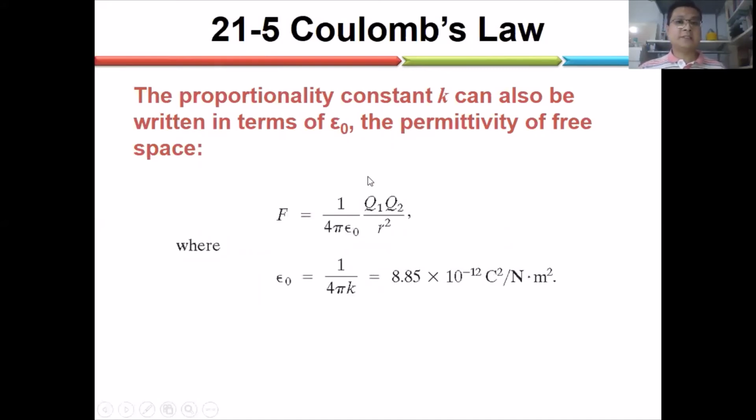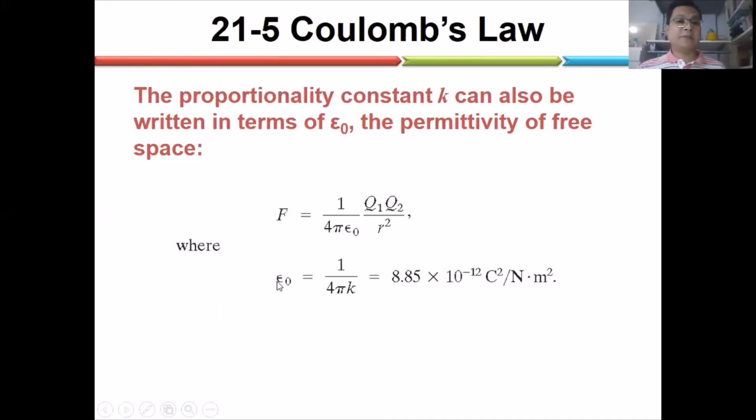The proportionality constant K can also be written in terms of epsilon, the permittivity of free space. K equals 1 over 4 pi epsilon, because we consider a spherical condition.